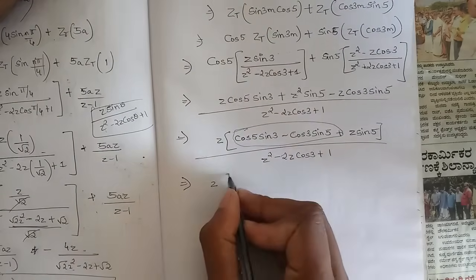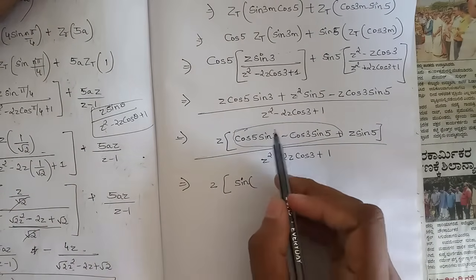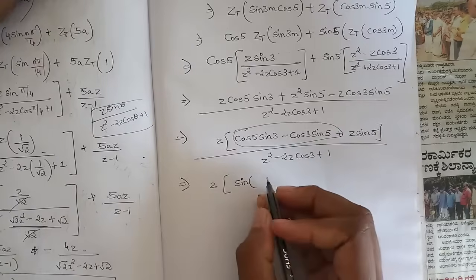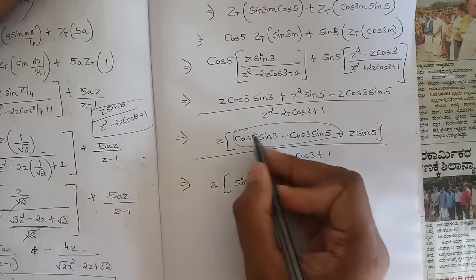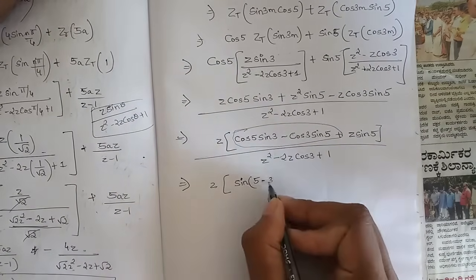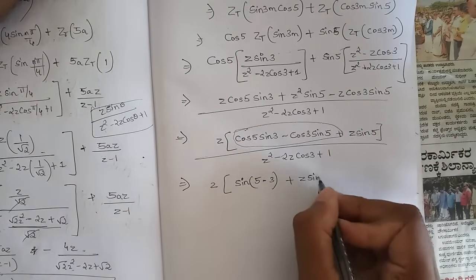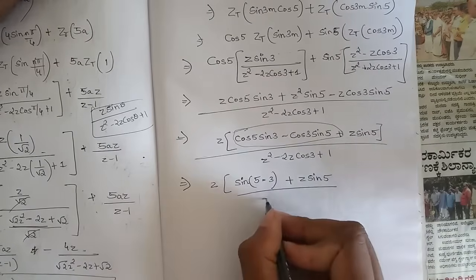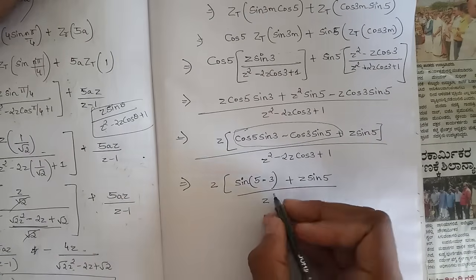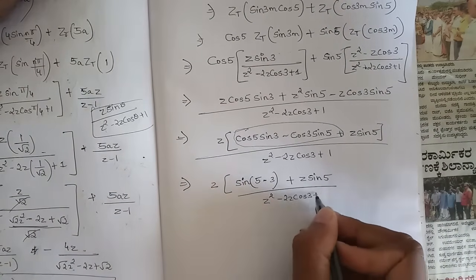So we can directly write sin of, with a equal to 5 and b equal to 3, sin(a - b), plus z sin 5, divided by z square minus 2z cos 3 plus 1.